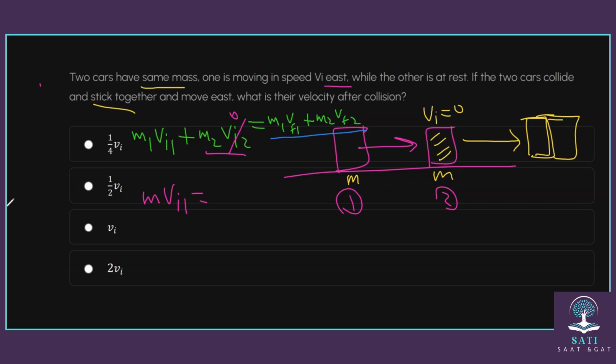On the right side, since they stick together, the final velocity vf of object 1 and object 2 is one velocity for both of them.